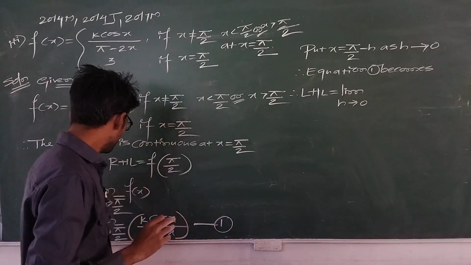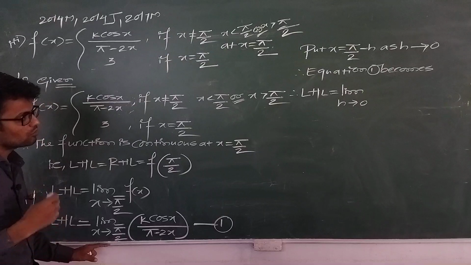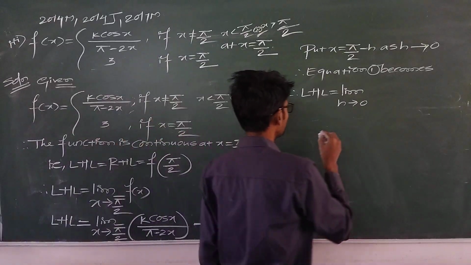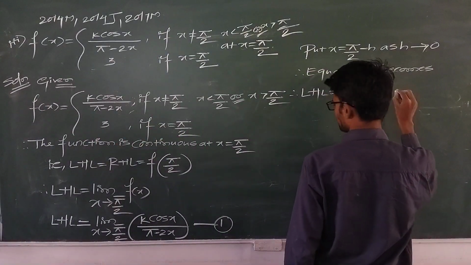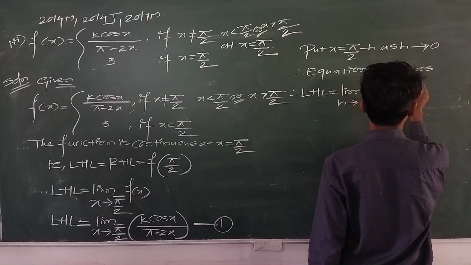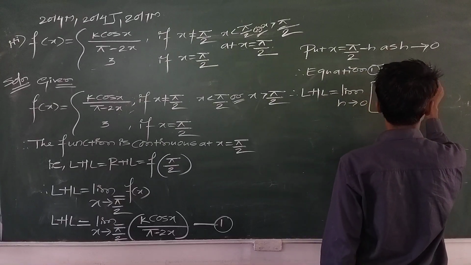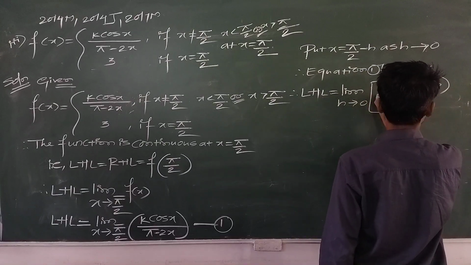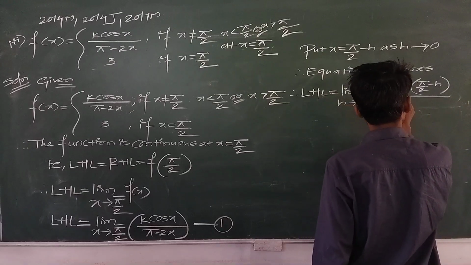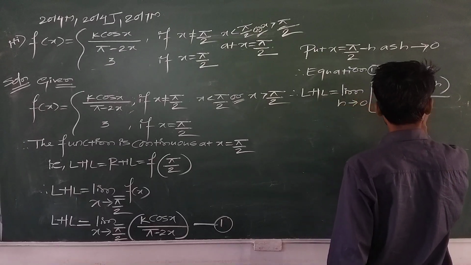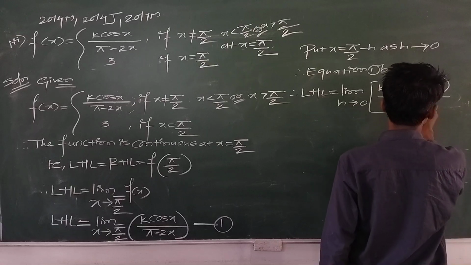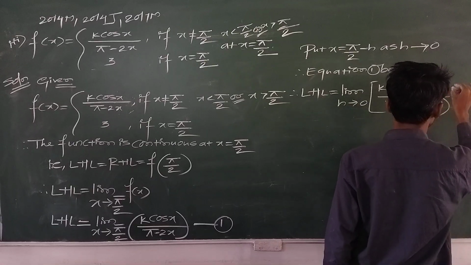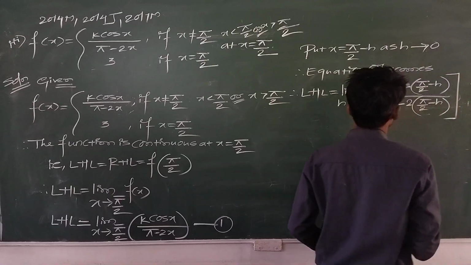That's why I wrote limit of x tends to pi by 2 minus to limit of h tends to 0. Next you write k cos x, so cos of x means it is pi by 2 minus h, divided by pi minus 2x, where 2x means 2 times pi by 2 minus h.